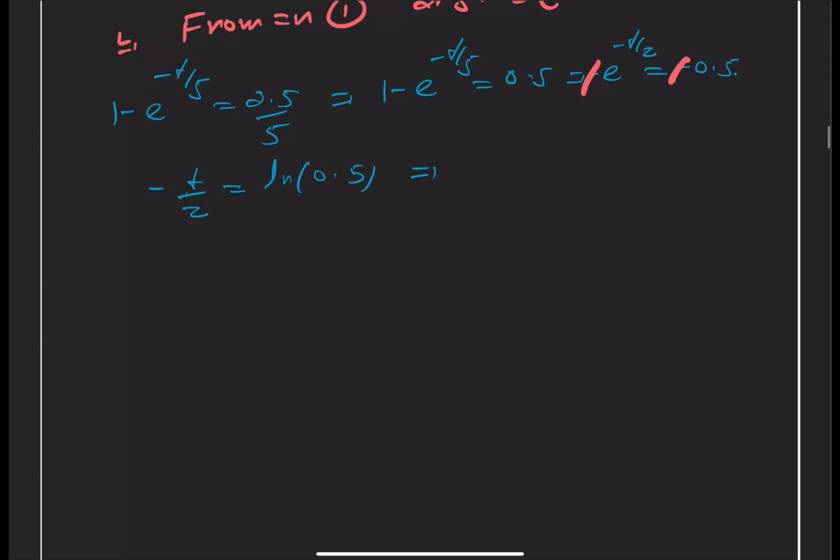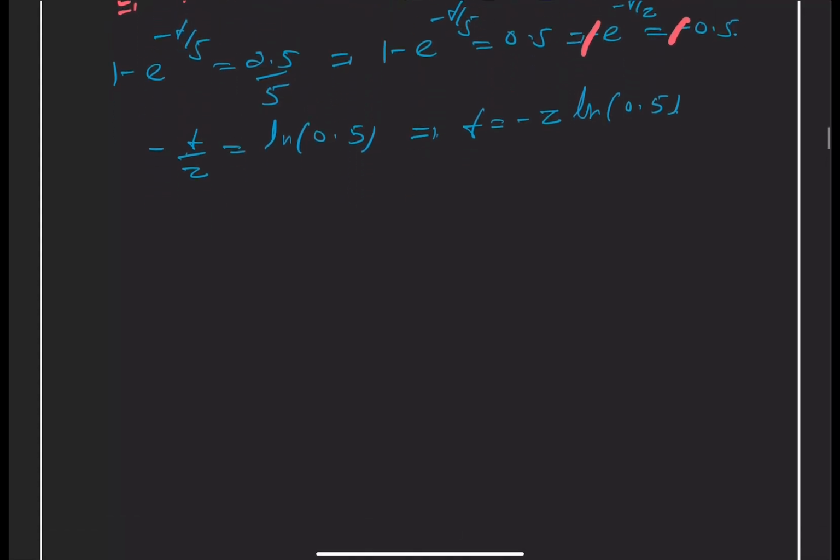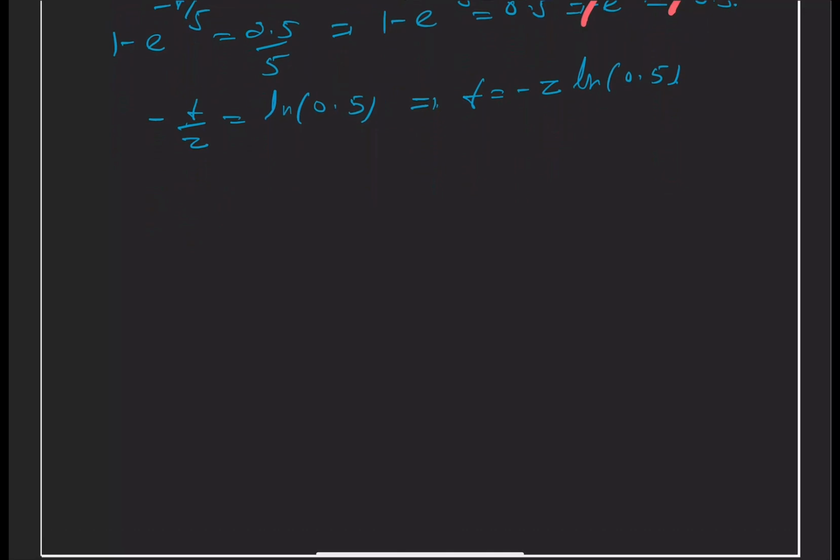This can be further written as t is equal to minus tau natural log of 0.5, and we already know tau is 5. The natural log of 0.5 is approximately minus 0.693, so t is 5 multiplied by 0.693.